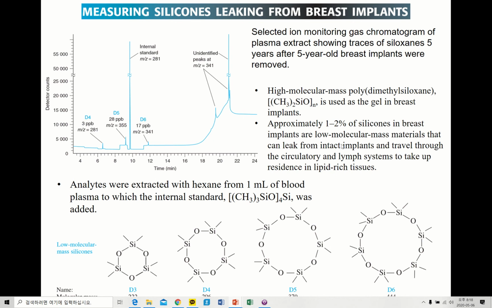Well, this is actually a chromatogram, right? To detect these compounds, first of all, you have to take samples maybe from your blood or from your tissue, and then you have to separate.